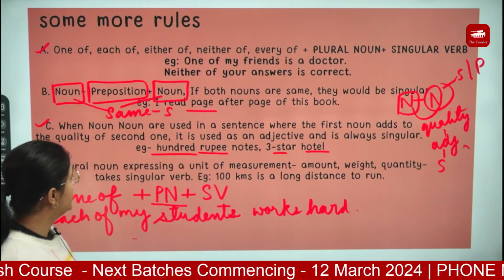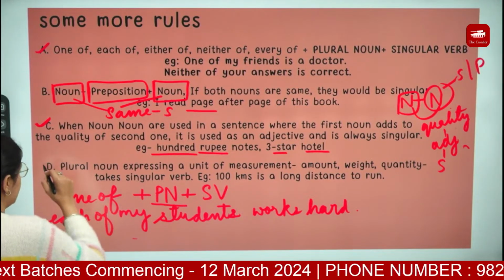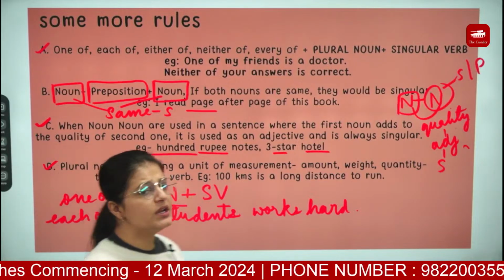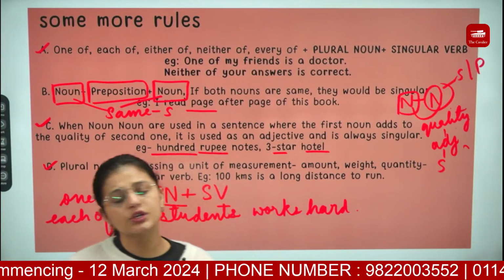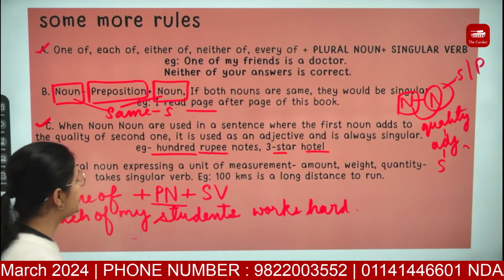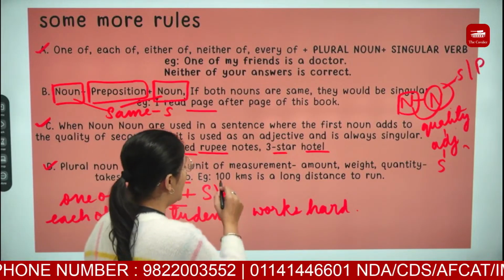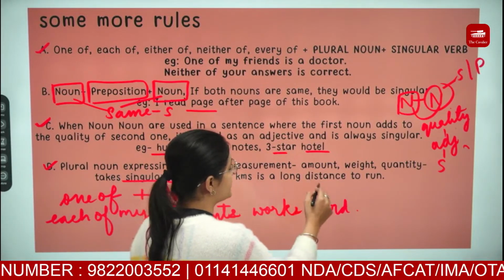Clear everyone? This rule is very important. Next is, जब भी कोई भी plural noun है और वो कोई भी unit of measurement बता रहा है, amount, weight, quantity, तो उसके साथ हमेशा singular verb होगी. For example, 100 kilometers is a long distance run.